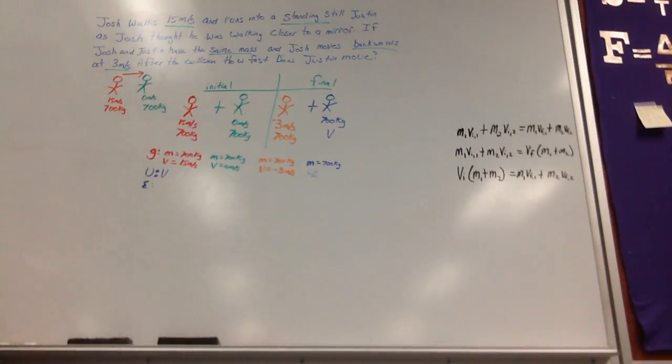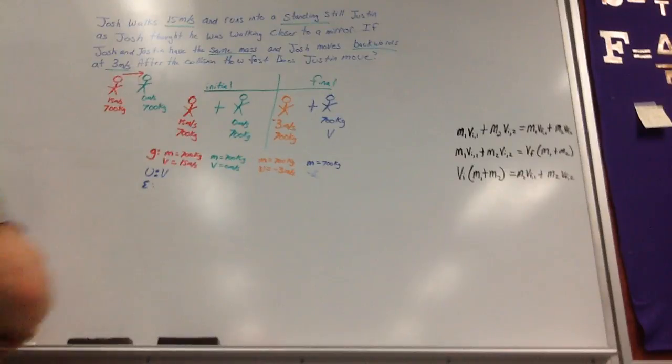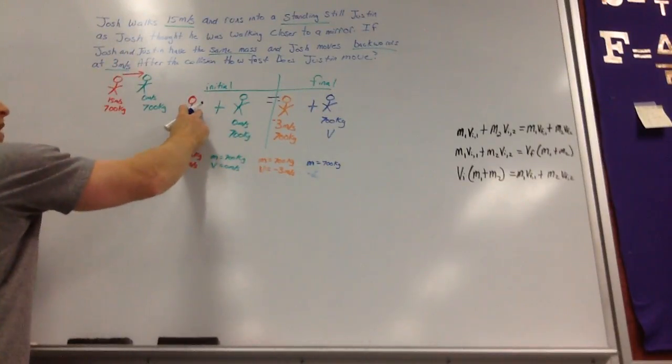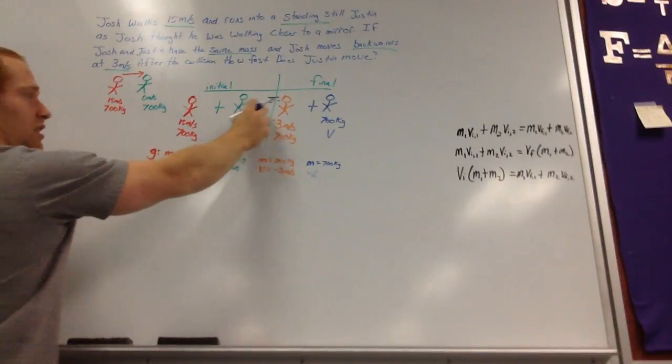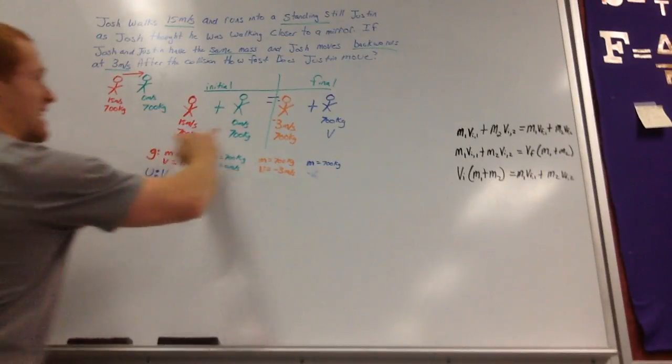So remember, between objects you put addition signs, and when this line splits the initial and final, you should put an equal sign. So we're going to have a mass and velocity plus a mass and velocity equals mass and velocity plus mass and velocity. Notice the velocities are not the same in any of these.